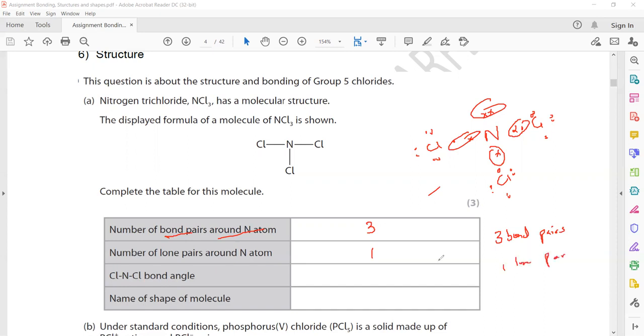So when 3 bond pairs and one lone pair are there, the bond angle will be 107 degrees, and the shape will be pyramidal, or you can also say trigonal pyramidal.